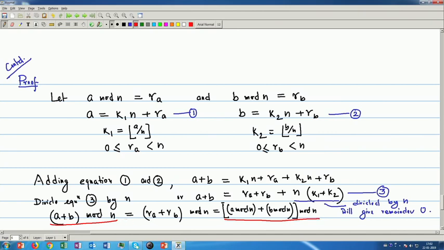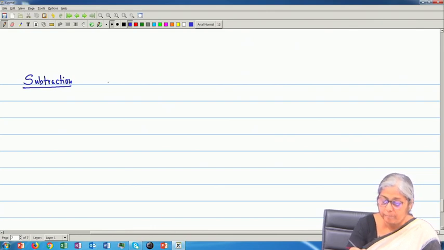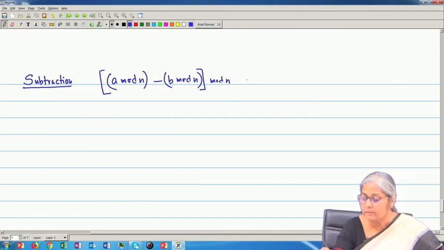Now, in a totally similar way I can prove the subtraction property: a modulo n minus b modulo n, if I take mod n, will be a minus b modulo n.